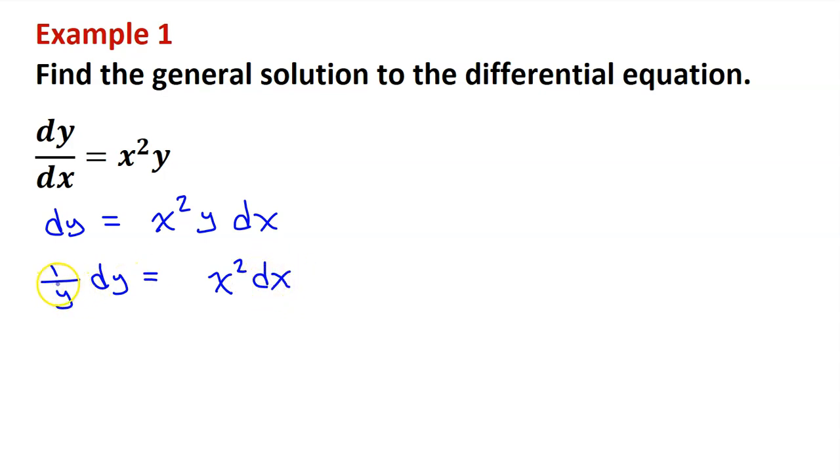Now we can integrate both sides of the equation. On the left side, we are integrating with respect to y, and on the right side, we are integrating with respect to x. We know that the antiderivative of 1 over y will be natural log absolute value of y.